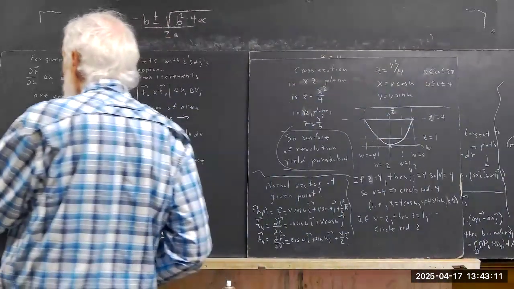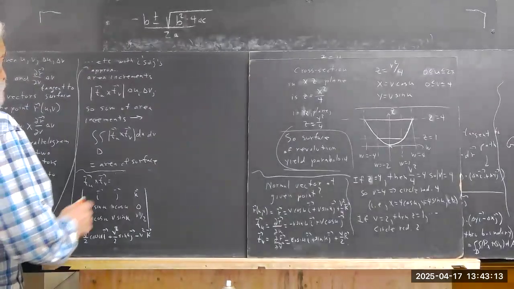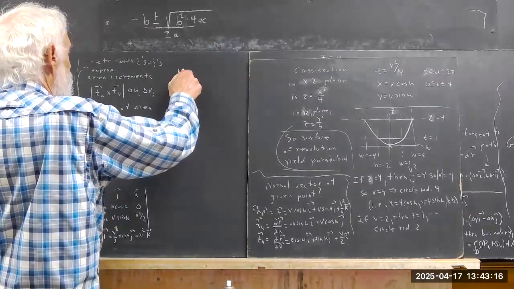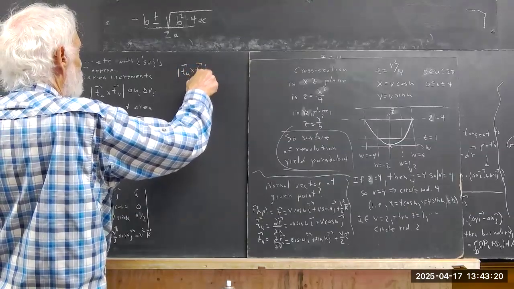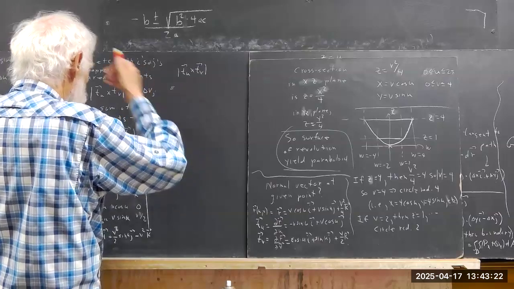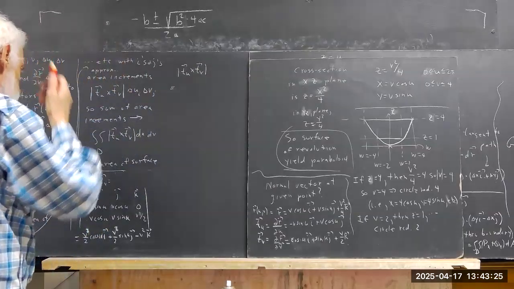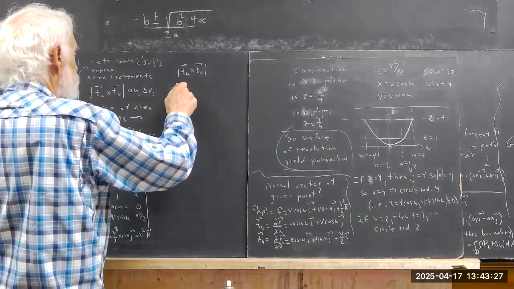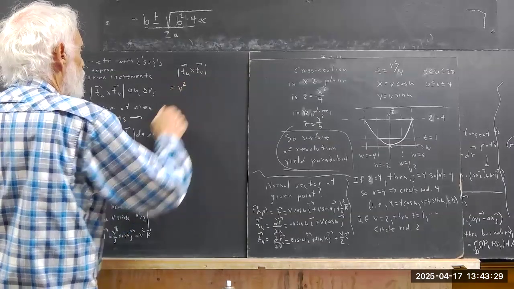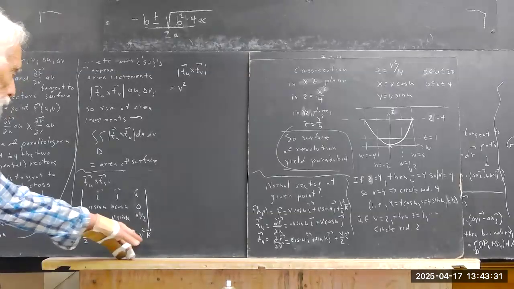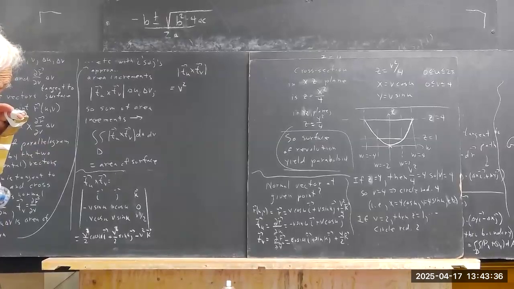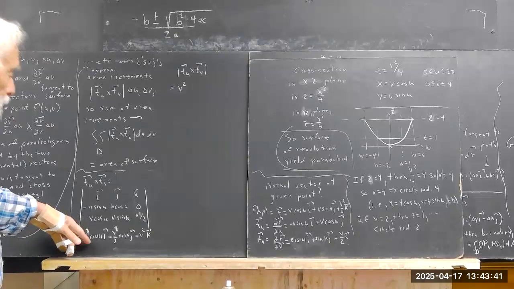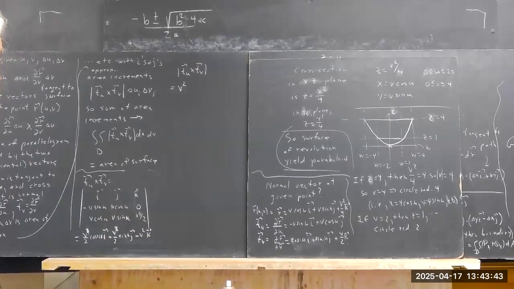And as a result, the magnitude of T_u cross T_v equals, first of all, we can factor out a v squared. And think of the magnitude as just dotting the vector with itself.